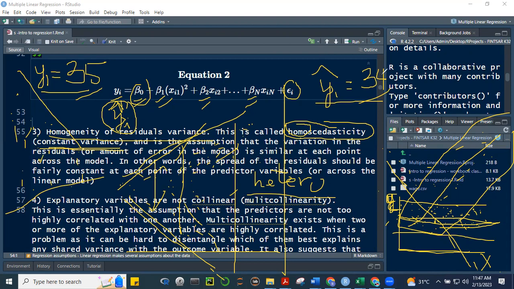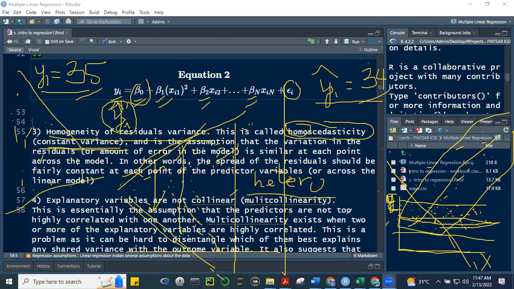Okay, let me pause again. Is it clear so far? Our assumption number 3: residuals should be homoskedastic. Okay, good. Thank you. Now these are very important because it's not enough that we're able to generate a model. It's easy to create a model in R. I'll show you in a while. It's quick to model in R, just the lm function, and then we have a model. But it doesn't stop there.